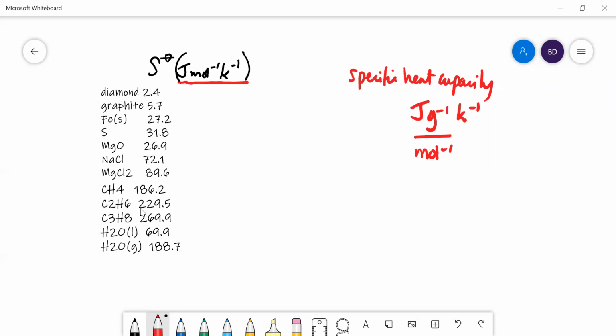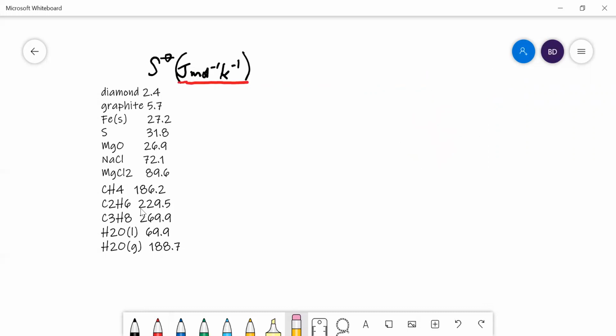Okay, let's look at diamond and graphite here. First of all, they've both got very low entropies, haven't they? 2.4 and 5.7, much lower than anything else. That's a reflection of the fact that they are highly ordered crystalline structures. Diamond has one of the lowest entropies, 2.4 joules, even lower than graphite.